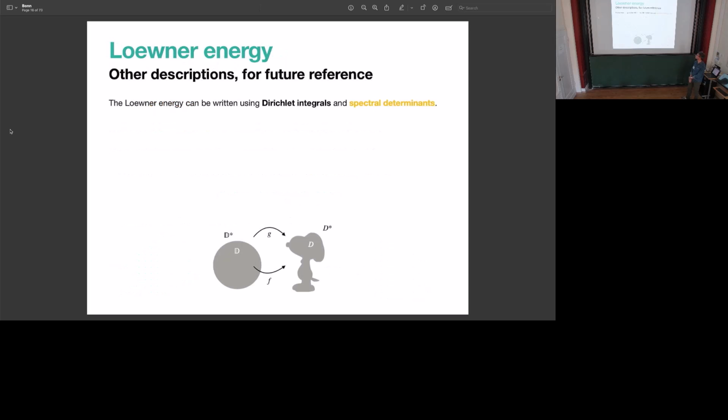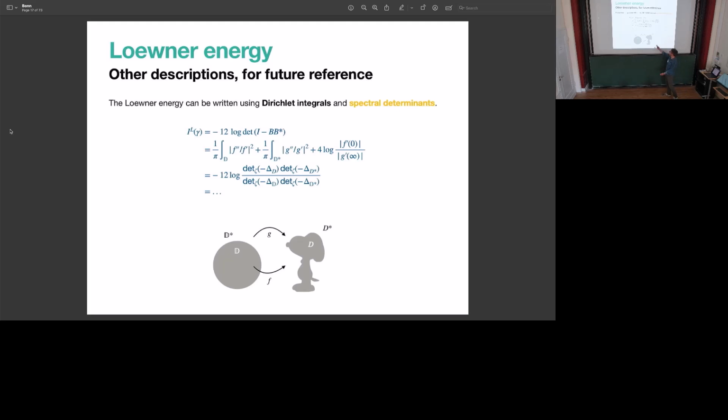Okay, so let me just flash this slide. I mentioned that there are a bunch of different characterizations, also different ways to compute the Loewner energy. I will refer to this later. This second line here computes the energy, this Fredholm determinant, in terms of Dirichlet integrals of the conformal maps from the inside of the disk to the inside of the domain and the outside of the disk to the outside of the domain.